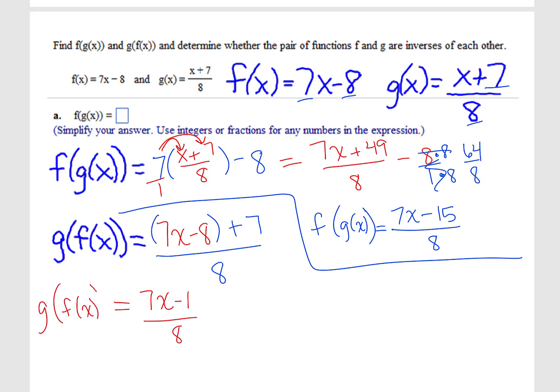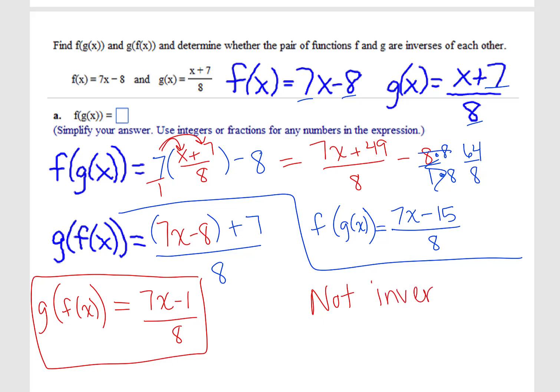And I cannot simplify any further, so I'm done. These are not inverse functions because when I found f of g and g of f, it did not come out equal to just plain old x.